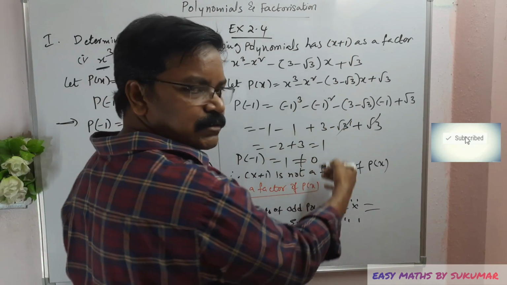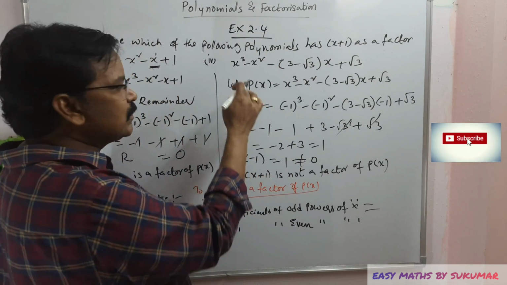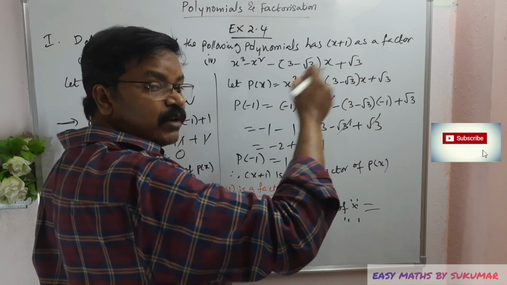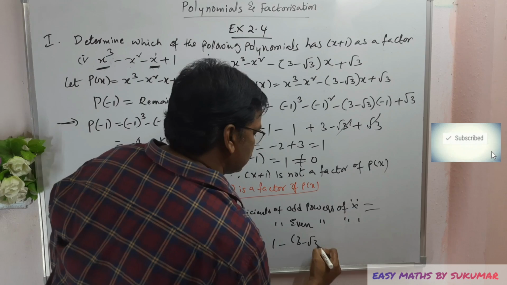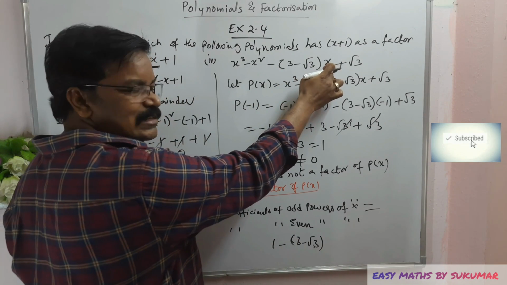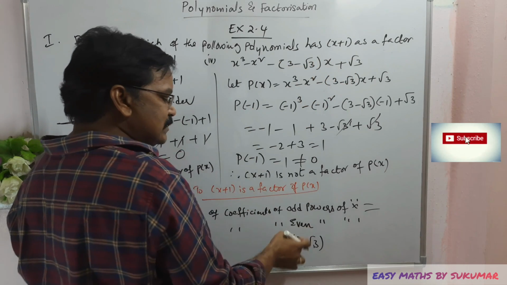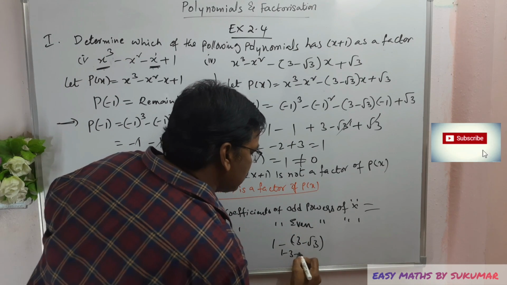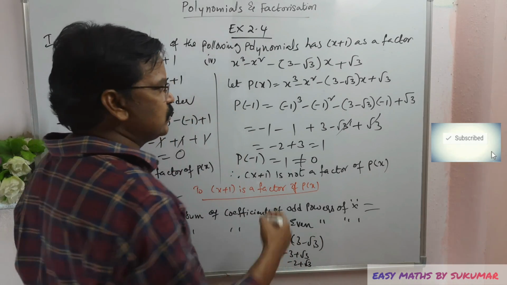Coming to this fourth question, the odd powers of x: what are the odd powers here? x cube, with coefficient 1, and x, whose coefficient is minus of 3 minus root 3. So let us do 1 minus 3 plus root 3, which is minus 2 plus root 3.